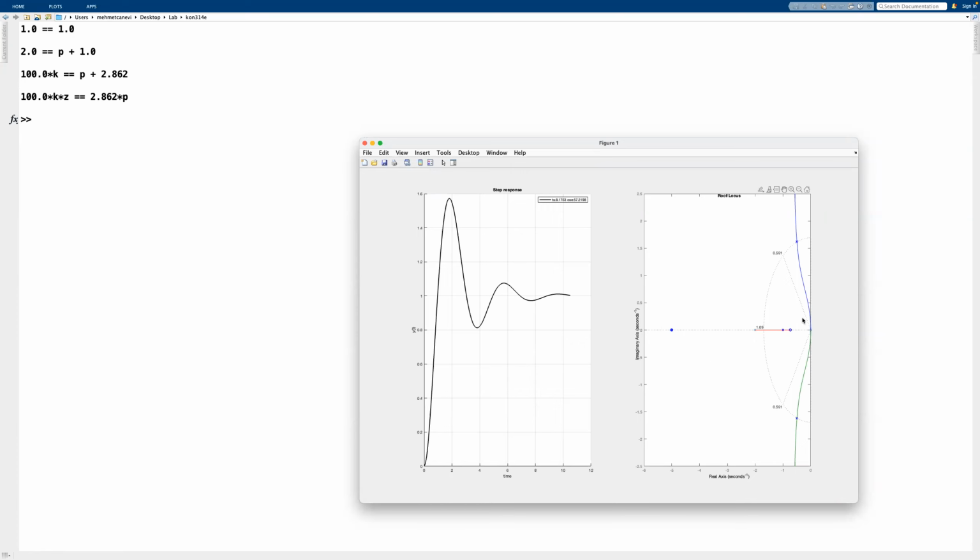And since we added the second pole, which is the controller's pole or the integrator of the controller, since we added that to the system, the only thing that remained was to place another 0 and choose a k value.